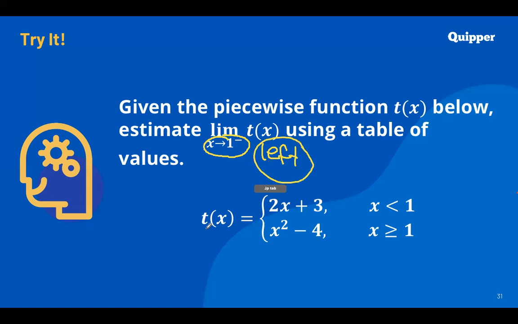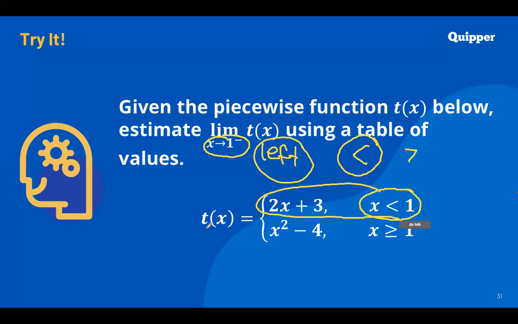So kapag sinabing left, is it less than or greater than? Of course, ang titignan natin yung less than. So, dito lang tayo magko-concentrate. Okay? Easy. So, what will be the answer?